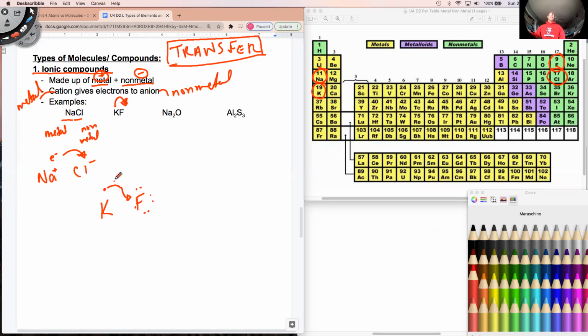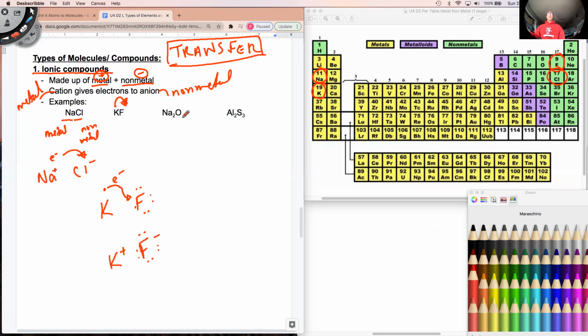And when that electron is given away, that makes potassium have a plus charge, fluorine have a negative charge, and then since there's a positive and a negative, there's going to be an attraction between them. And that's why they get along so well.